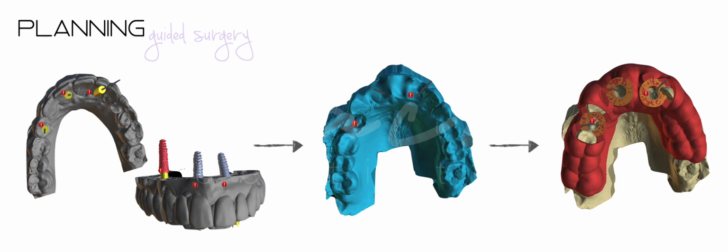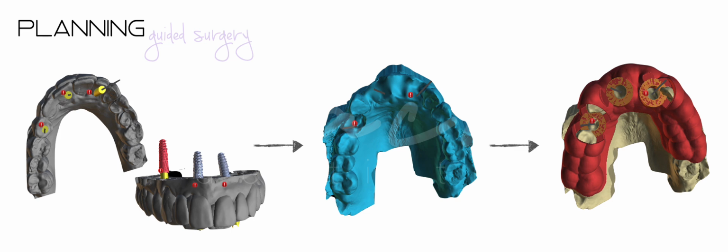So, first we start with the original STL, as we saw before. After that, we have to superimpose the mock-up with that original STL, and after that, plan the future position of the implants based on the future position of the restoration. So in the image on the left, you can see already the implants in the desired position.